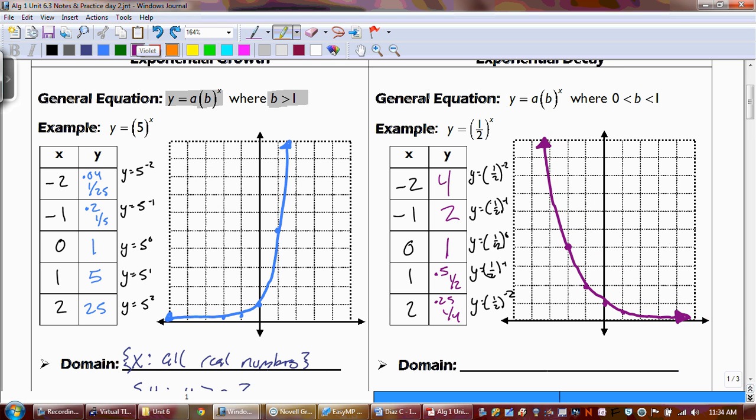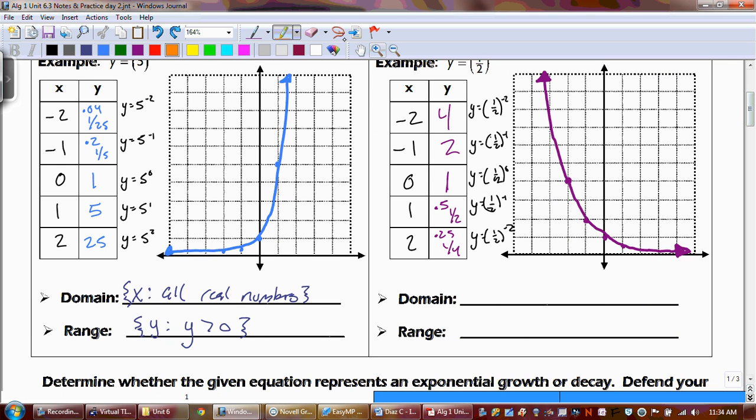Now the domain, for x, once again, it's all real numbers. You can pick any x value. But the same thing here for y, y has to be greater than 0. The line never touches 0.